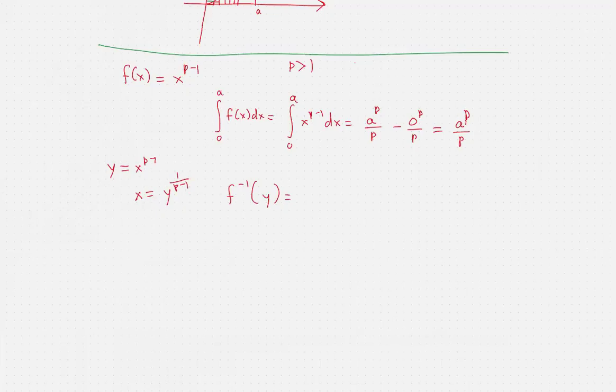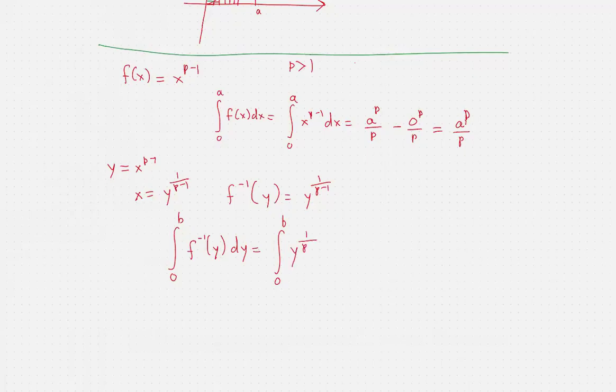So if we want to take now the integral from 0 to b of f to the negative 1 of y dy, then we will have the integral from 0 to b of y to the 1 over p minus 1 dy.